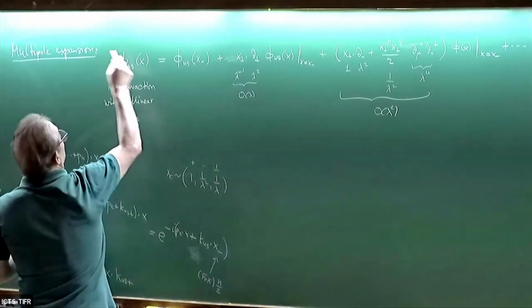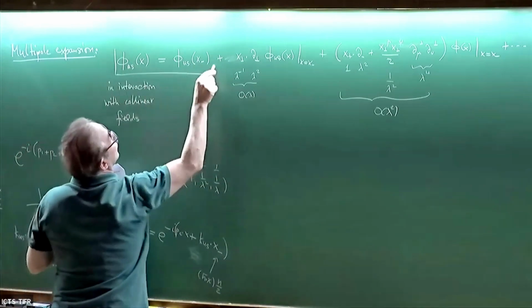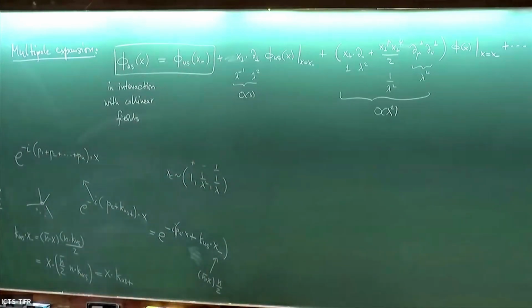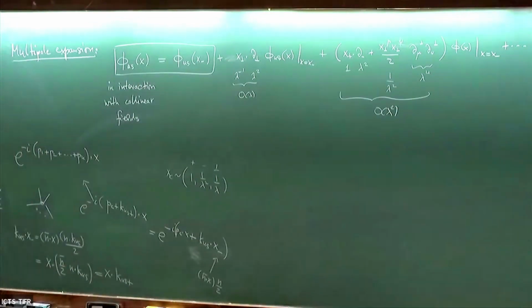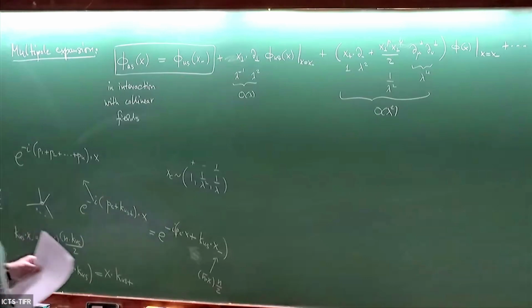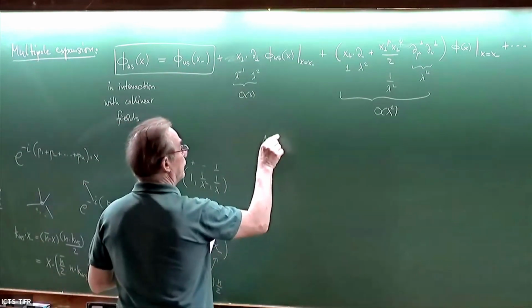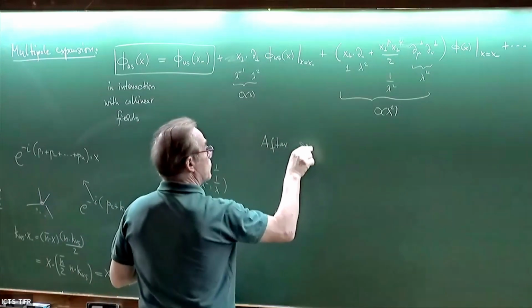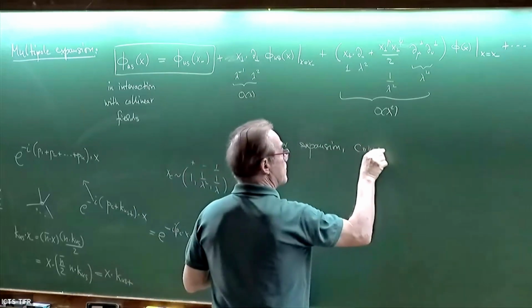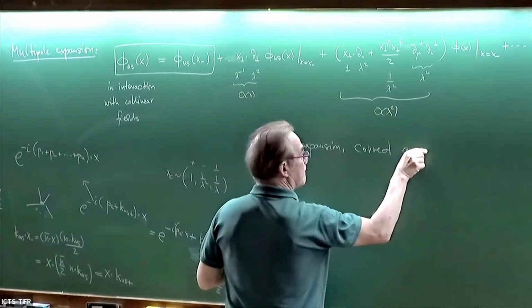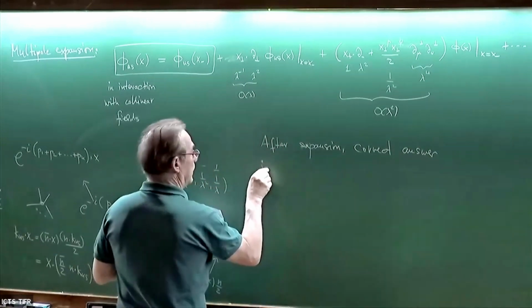So this is called the multipole expansion, and at leading order for ultrasoft fields interacting with collinear fields, you simply replace X by X minus. And that gives the correct answer. And therefore, really the correct answer for this Lagrangian, after the multipole expansion, is the following.